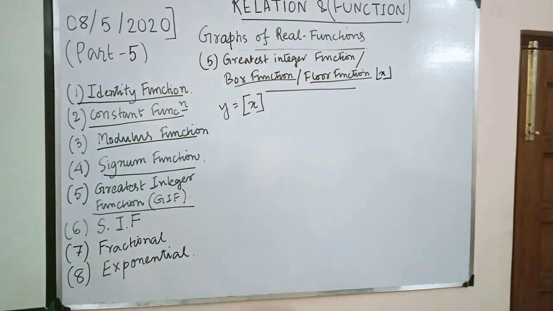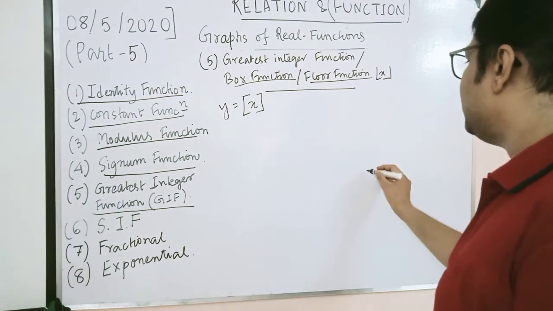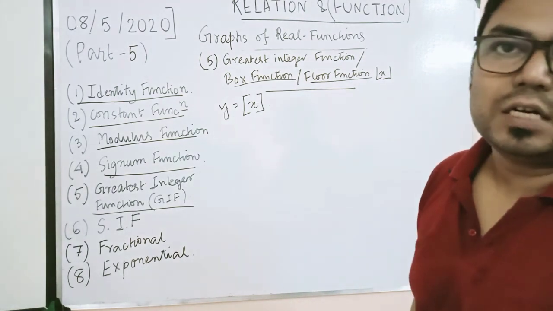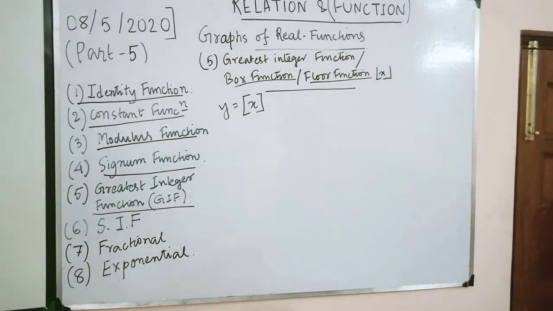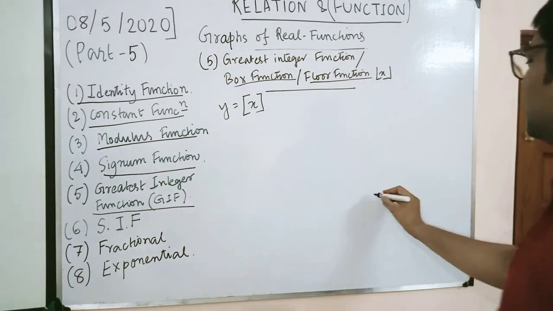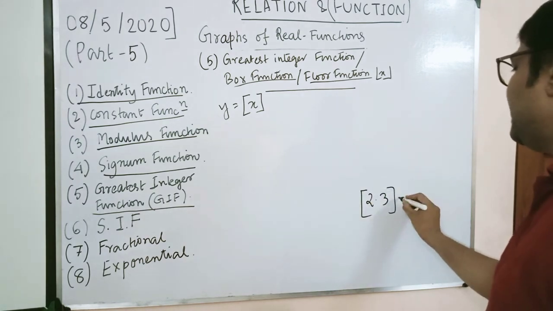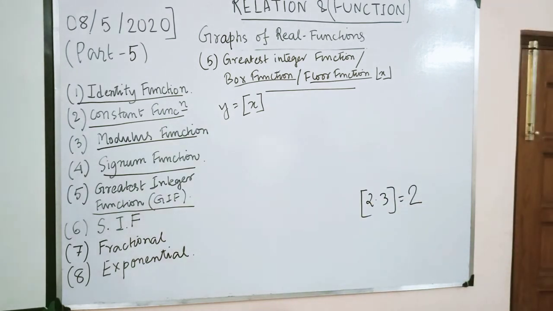So what is the meaning of this? Let us first understand the meaning. Box x always denotes an integer, and it's the left hand side integer that is to be taken. That means if you get box of 2.3, the value will be 2.